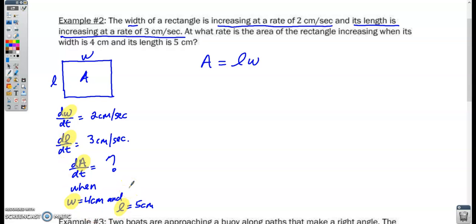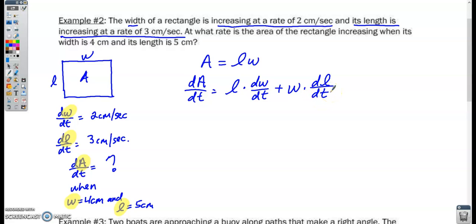Those are not constants, and so we cannot substitute them in until after we've differentiated this. So now let's differentiate this with respect to t. We've got dA dt is equal to L times the derivative of W, which, since we're differentiating with respect to t, is dw dt, plus W times the derivative of L.